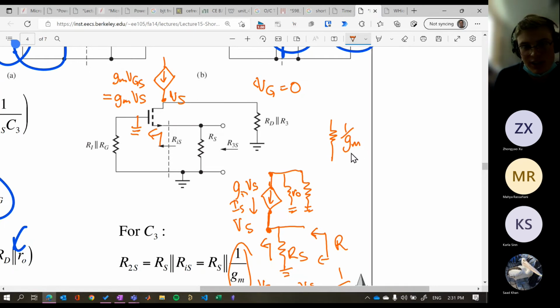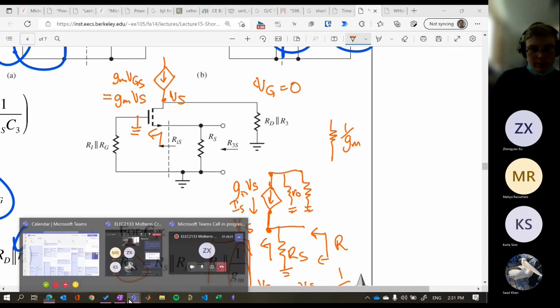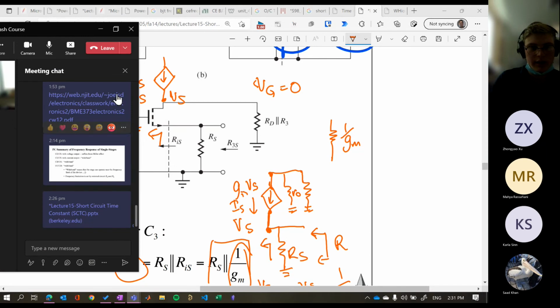Remember, GM is a transconductance, so that's why we can say that R2S is actually RS in parallel with this sort of funky resistance. It's not really a resistance, but can be considered that way. Cool.